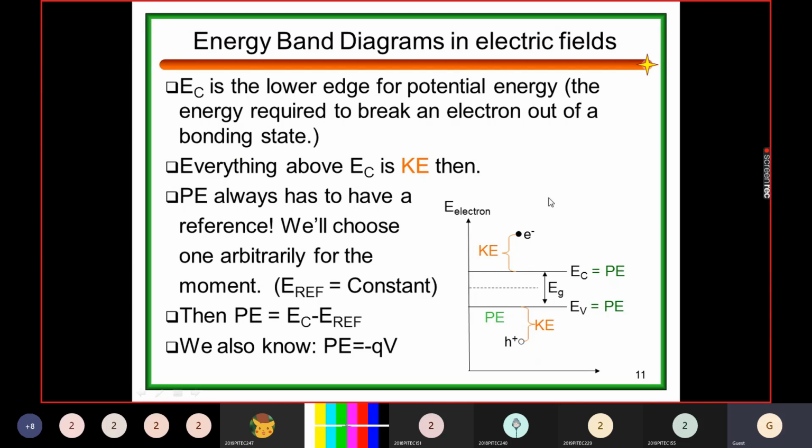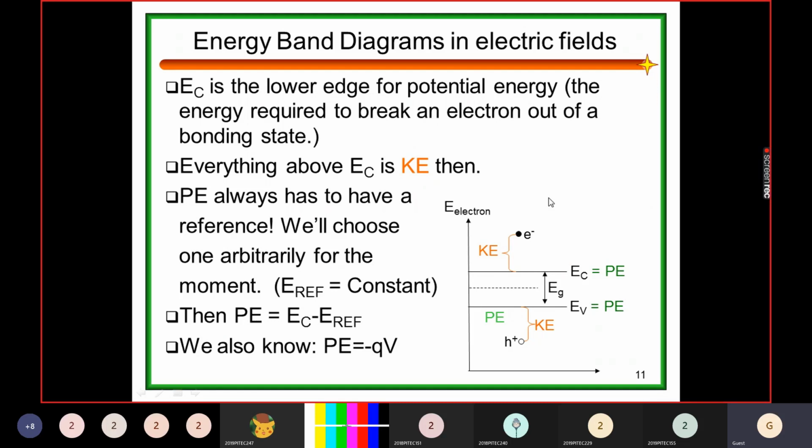And what you have to do is, always assume in this particular case that the reference value of energy band for the applied electrons as well as holes must always be equal to a constant, which cannot be changed for every period of time.